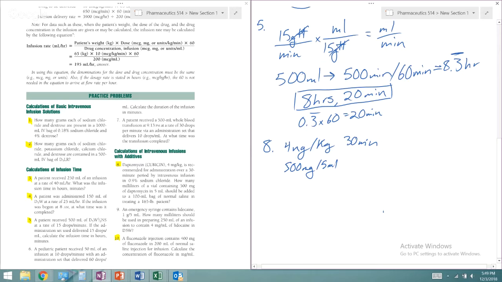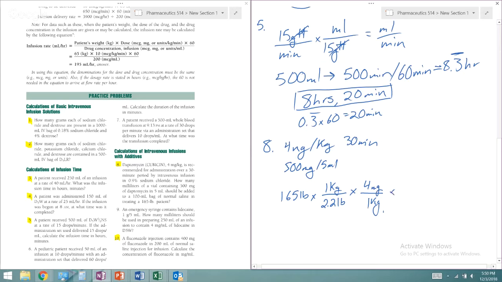So let's first, we have our 165-pound patient. Need to convert that from pounds to kilograms. And then for every 1 kilogram, we need 4 milligrams.